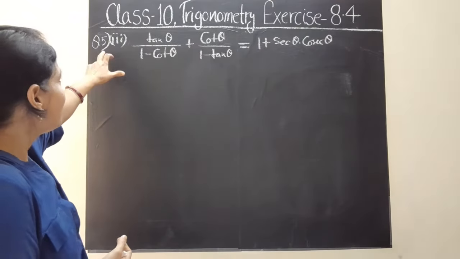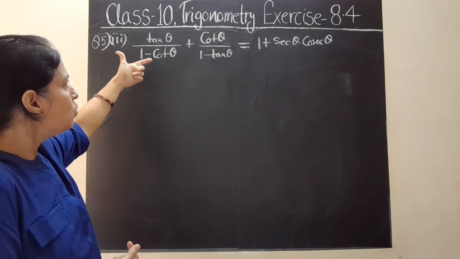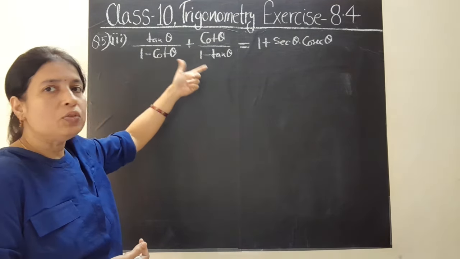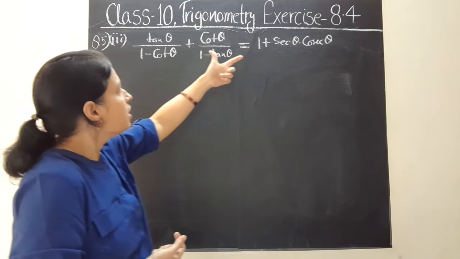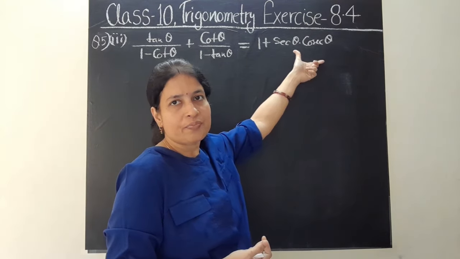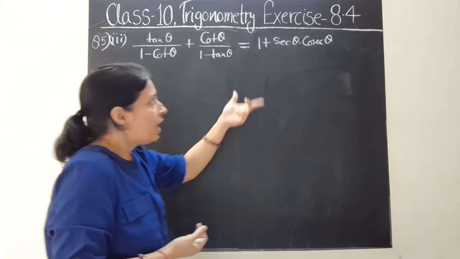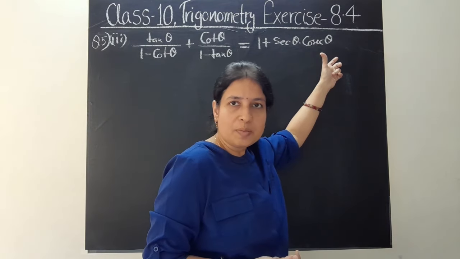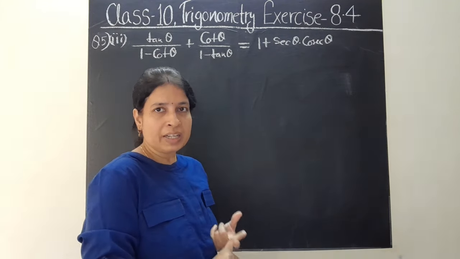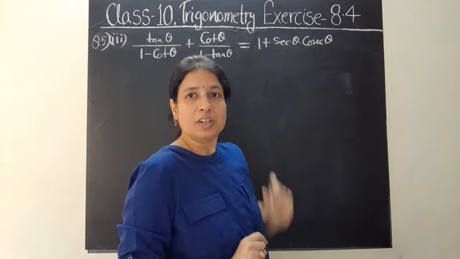So question number 5, third part is tan theta divided by 1 minus cot theta plus cot theta divided by 1 minus tan theta is equal to 1 plus sec theta into cosec theta. Our LHS is given in the form of tan and cot, and RHS is given in the form of sec and cosec. So we will break the LHS into sin and cos so that our RHS comes in the form of sec and cosec.